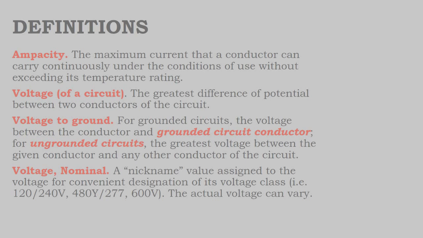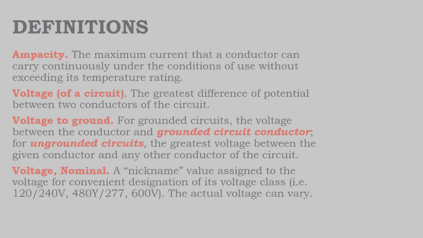And so then we have voltage to ground. It says for grounded circuits, the voltage between the conductors and the grounded circuit conductor. For ungrounded circuits, the greatest voltage between the given conductor and any other conductor of the circuit. Okay, well, there's a lot of word salad in that. What does that mean?